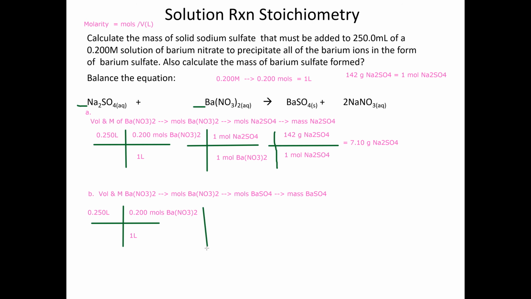Now that we have moles of barium nitrate, we're going to convert it to moles of barium sulfate. Again, if we look at the balanced chemical equation, 1 mole of barium nitrate gives us 1 mole of barium sulfate.